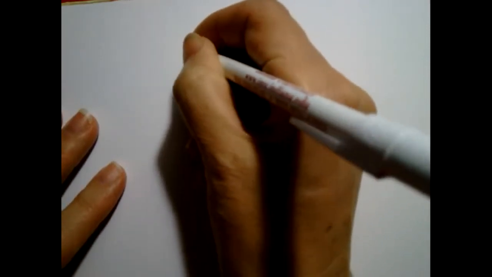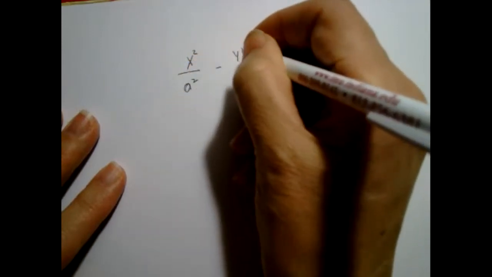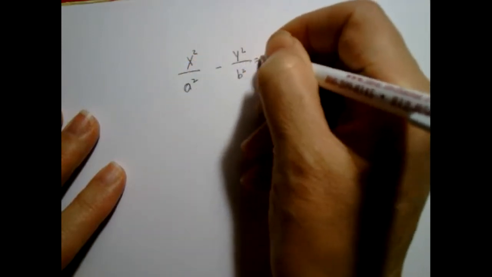So we're going to finish the hyperbola and then we will start doing some review today and tomorrow. Yesterday I gave you the equation and we analyzed it. So the basic equation is x squared over a squared minus y squared over b squared equal to 1.